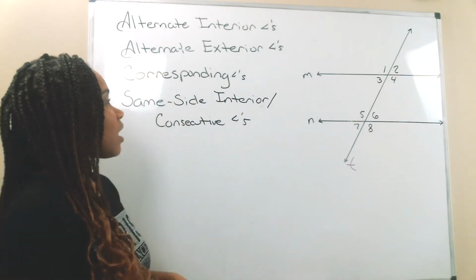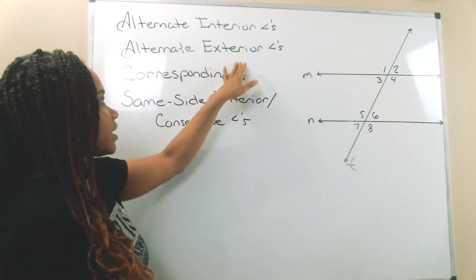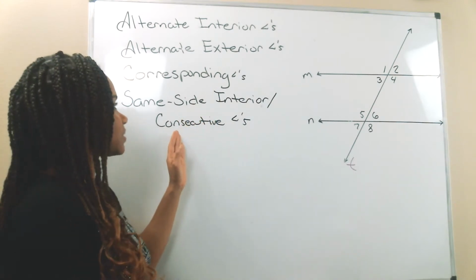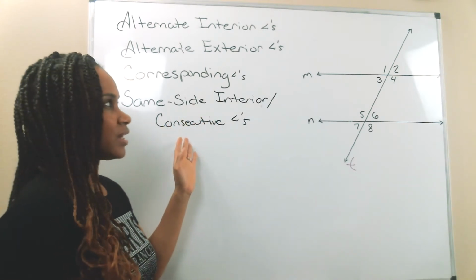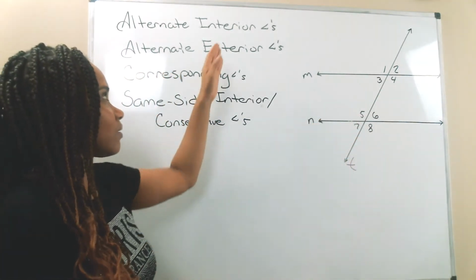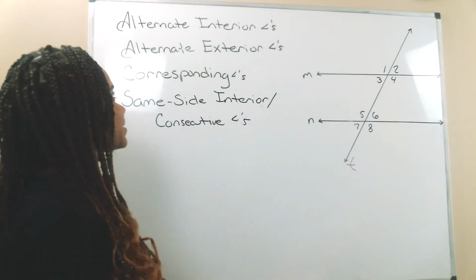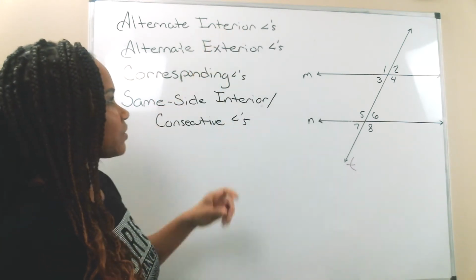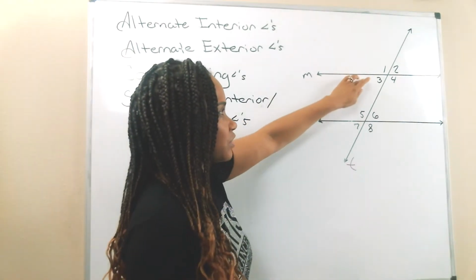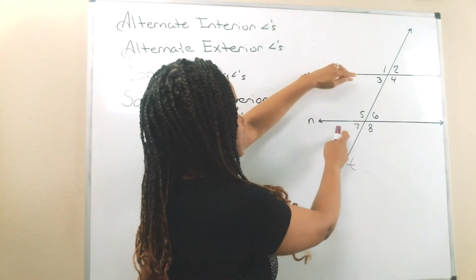We have alternate interior, alternate exterior, corresponding, same side interior, or same side, or consecutive angles. And so depending on where the angles are located, we could name their angle pairs. So alternate interior angles are angles on the interior or the inside of the two lines that the transversal intersects.